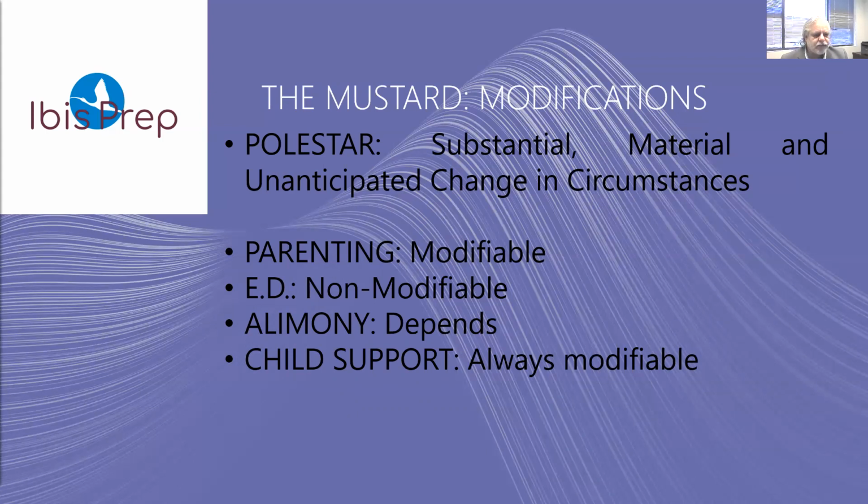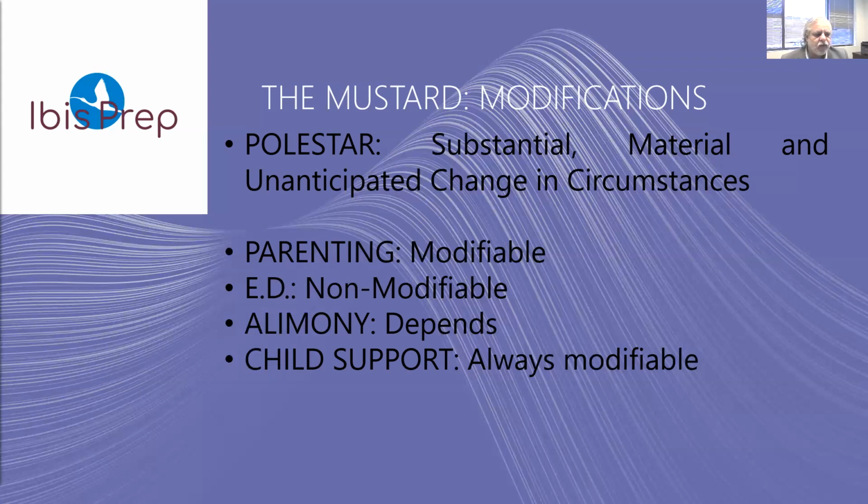That change must be substantial, material, and unanticipated. We shorten it by saying substantial change in circumstances, but if you really want to take your family law essay to the next level, make sure you say substantial, material, and unanticipated change in circumstances. Notice it doesn't say substantial, material, or unanticipated change in circumstances.